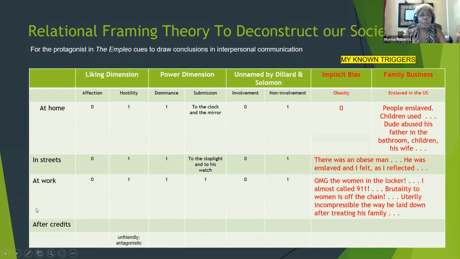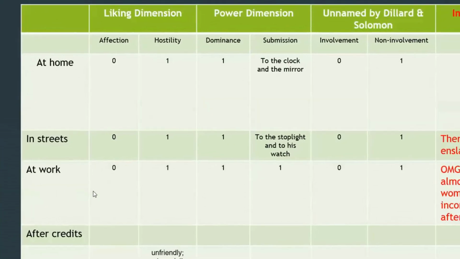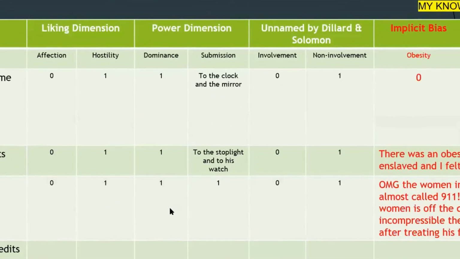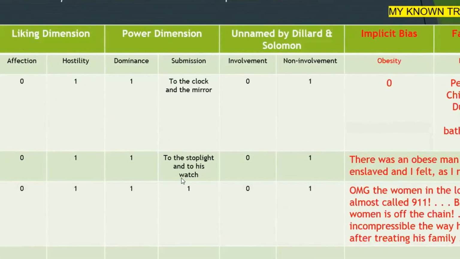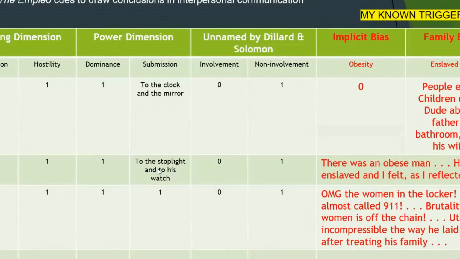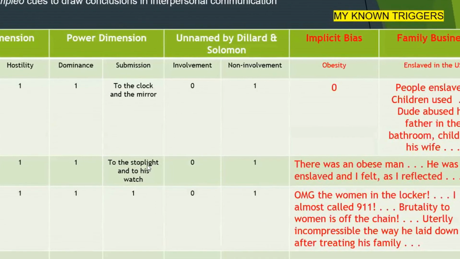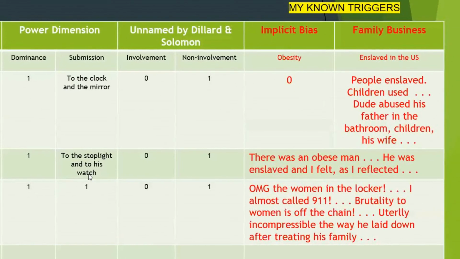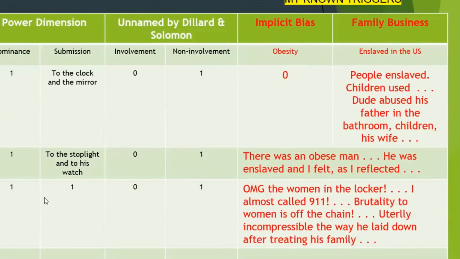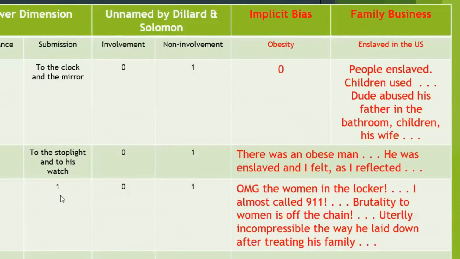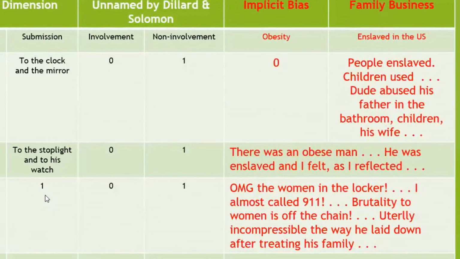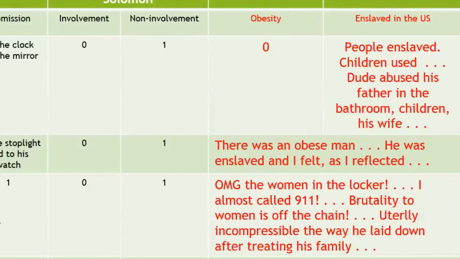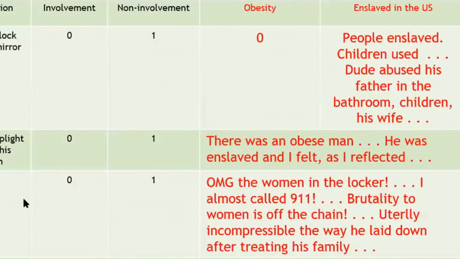And then I went back while he was at work: 0 affection, yes hostility, yes dominance. Oh, but up here, I said, you know what? He was showing submission to the stoplights and to his watch. But one here, because that's where he laid down and let that man lay on his back. That was the only submission.